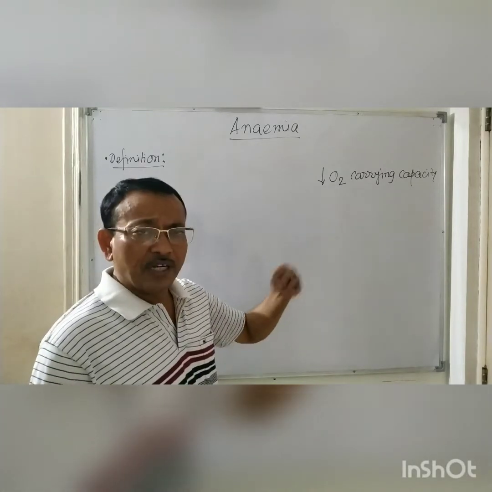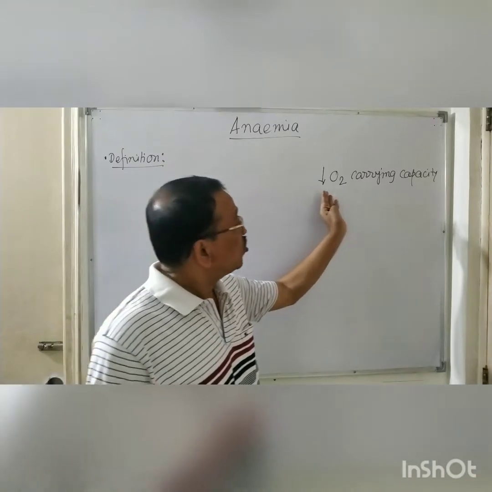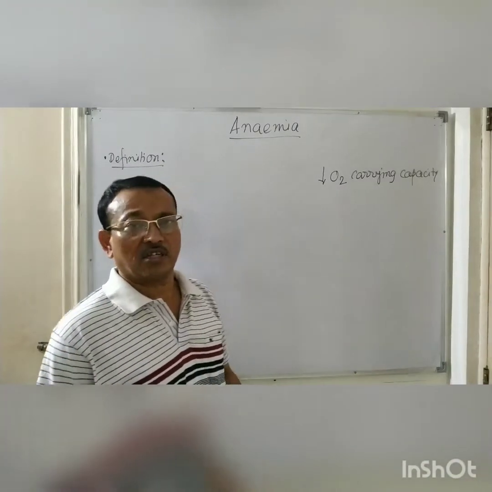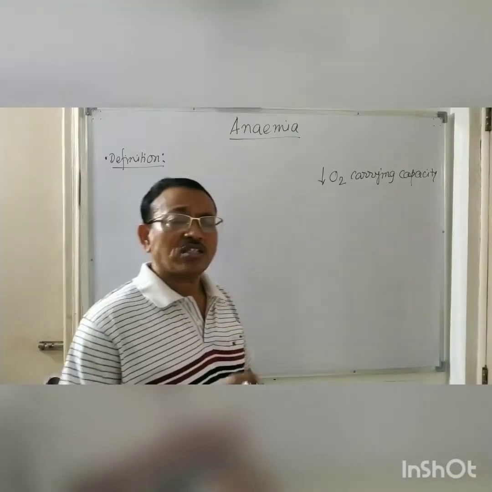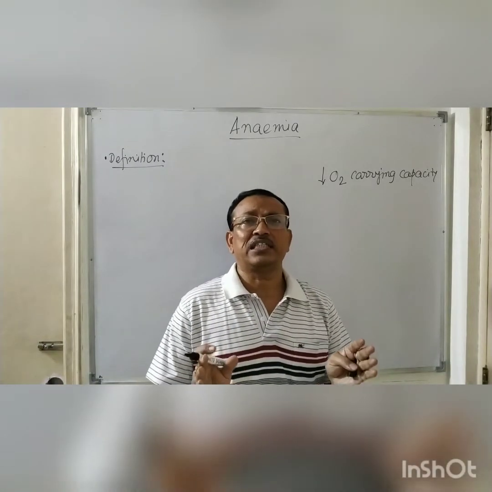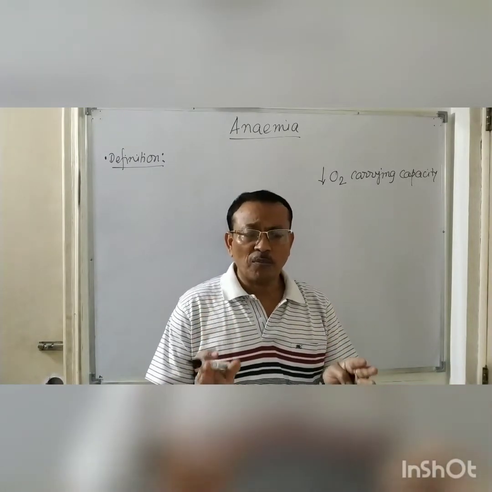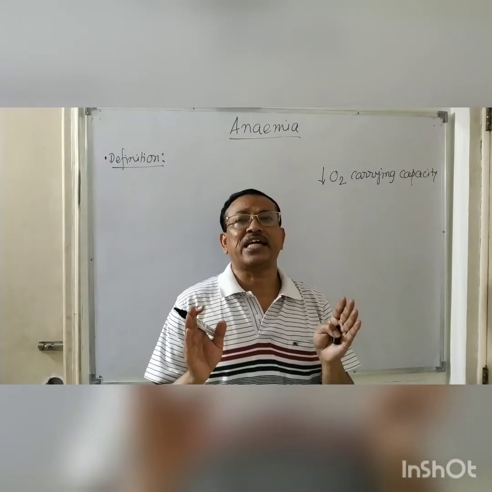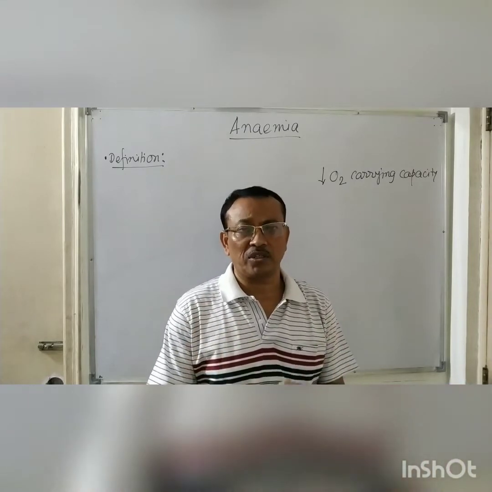So before summing up the definition, let us know what is oxygen carrying capacity of the blood. Oxygen carrying capacity of the blood is the amount of the oxygen that is carried by the hemoglobin.